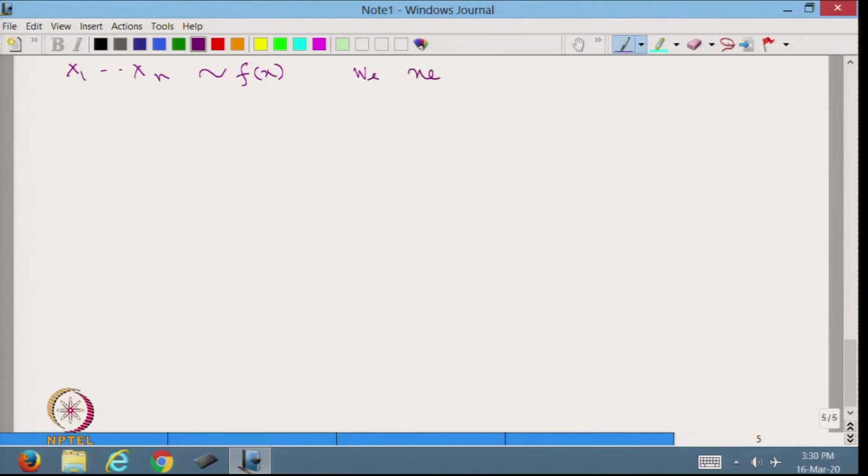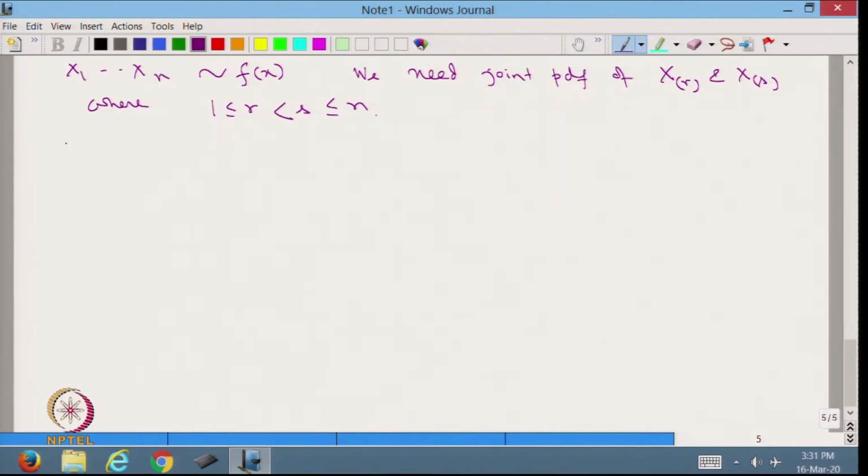We need the joint PDF of X_r and X_s, where 1 ≤ r < s ≤ n.